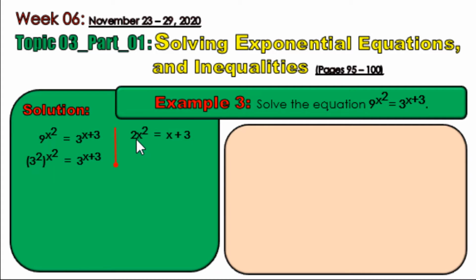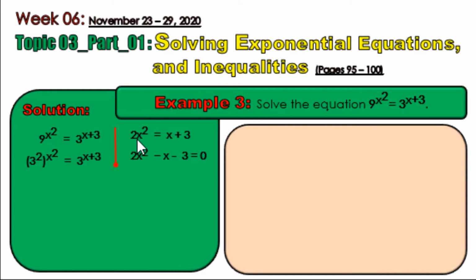Okay, and if you can see, we have a quadratic equation because we have a polynomial equation of second degree. And if you can still remember, how do we solve for the values of x for quadratic equation? Okay, so first we will equate all the terms to 0.